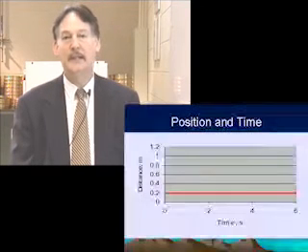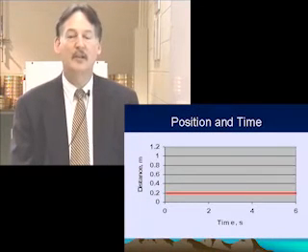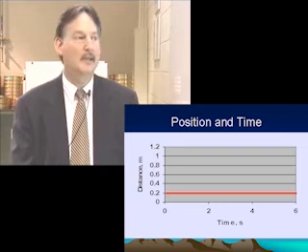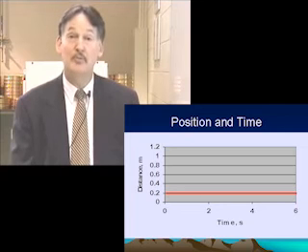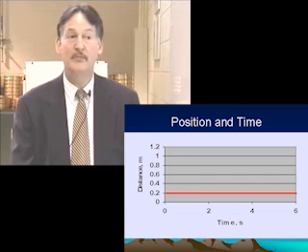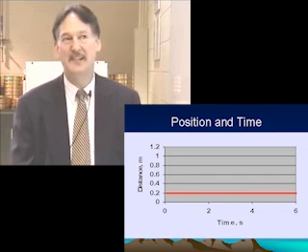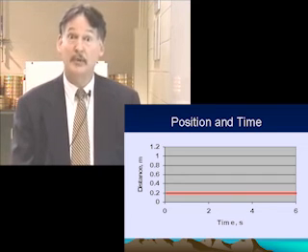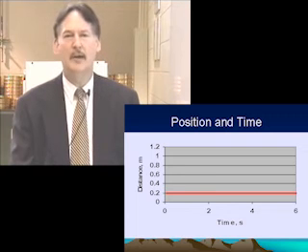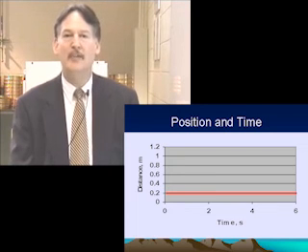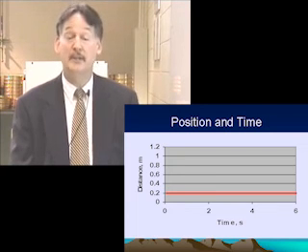Notice the red line represents where the object is located at 0.02 meters at 0 seconds, 1, 2, 3, 4, 5, and 6 seconds. Now I realize that this is a fairly boring motion occurring because it's not going anywhere. What we have here is a representation of an object at rest.